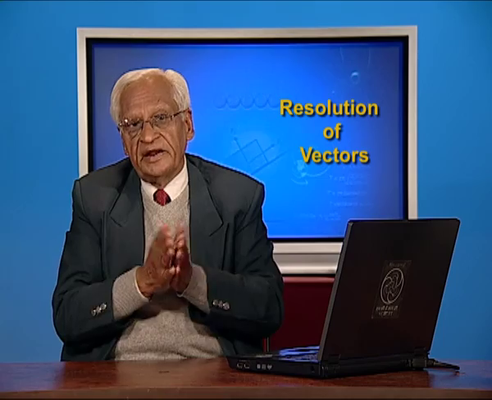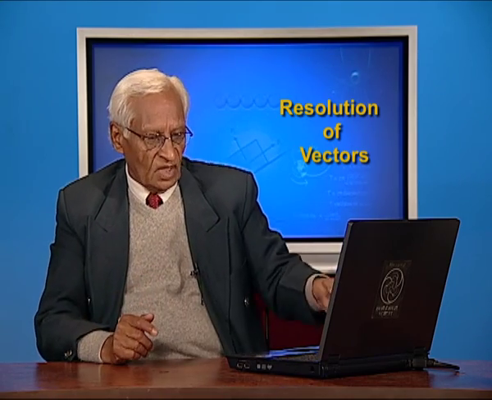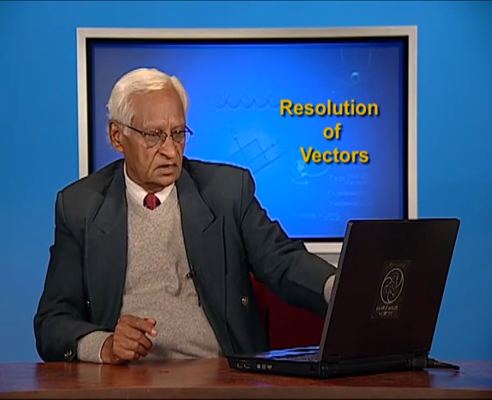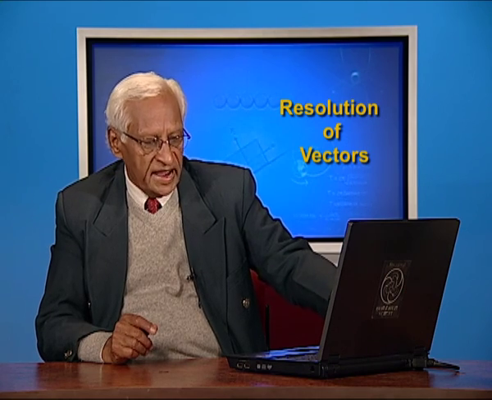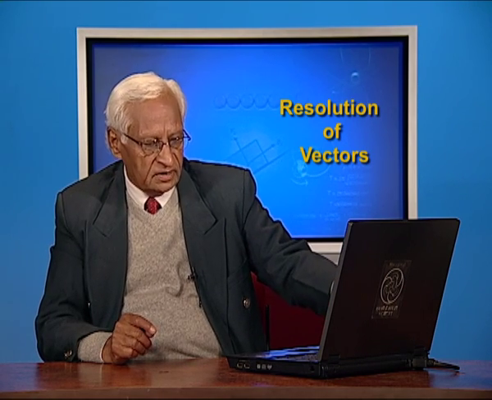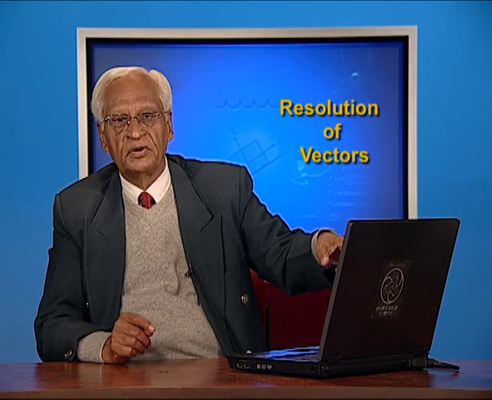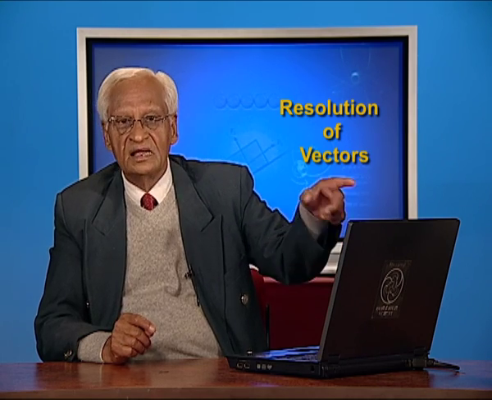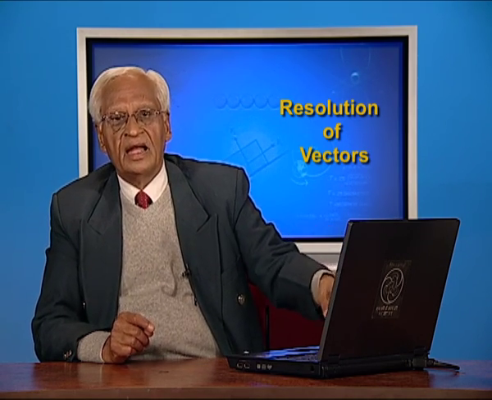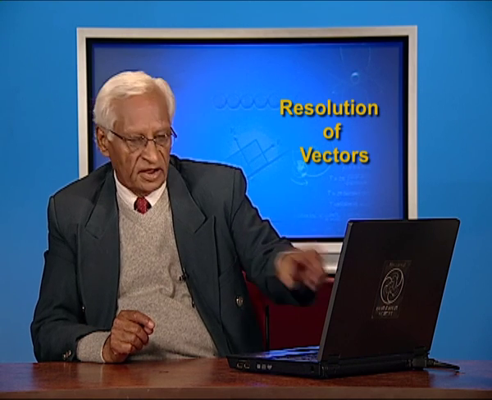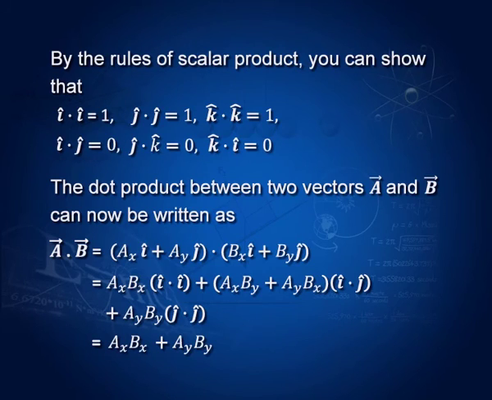Since this is a scalar, a dot b is a scalar, only we get the product. There is no vector on this side, it is a x b x, the component of a multiplied by the component of b along the x axis, then the component of a and the component of b along y axis. This is the dot product a dot b.